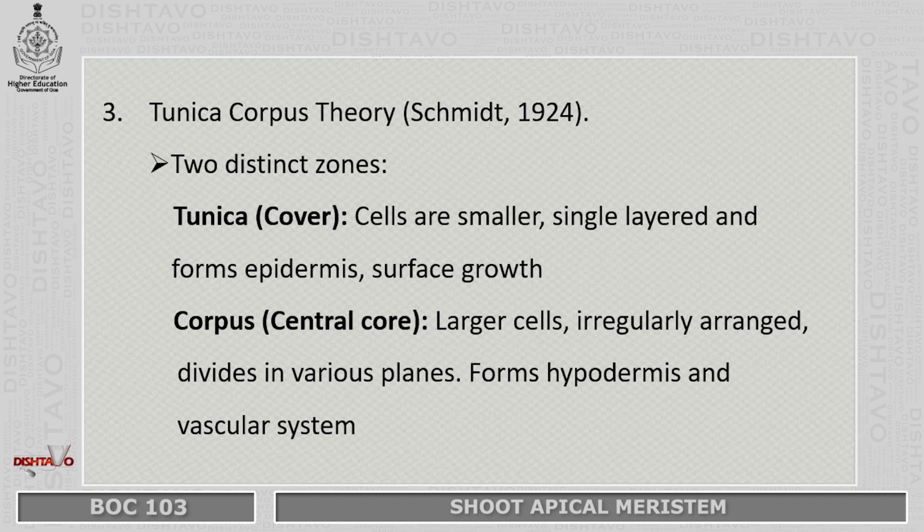Tunica is made up of smaller, single-layered cells, which upon differentiation give rise to epidermis, helping in the growth of the surface. The corpus is the central core layer, made up of larger, irregularly arranged cells, which divide in various planes to form the hypodermis and the vascular system.